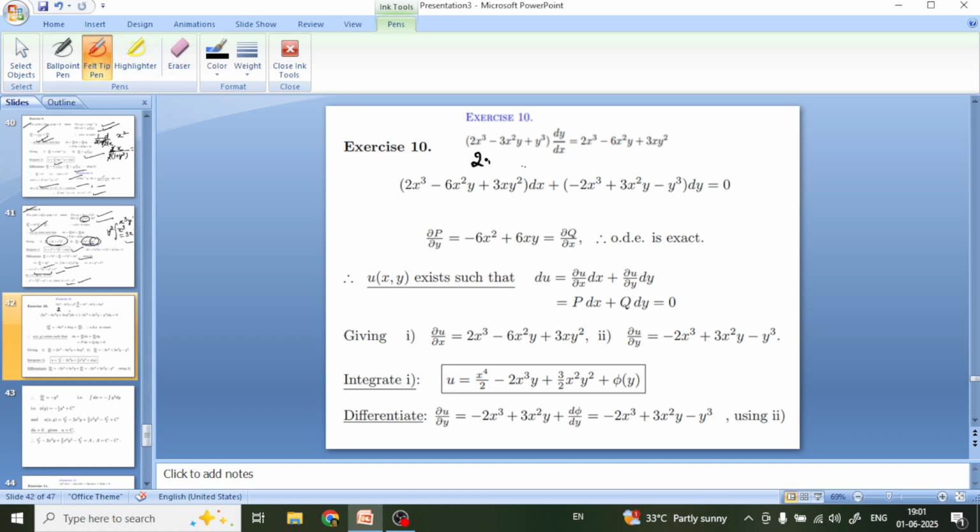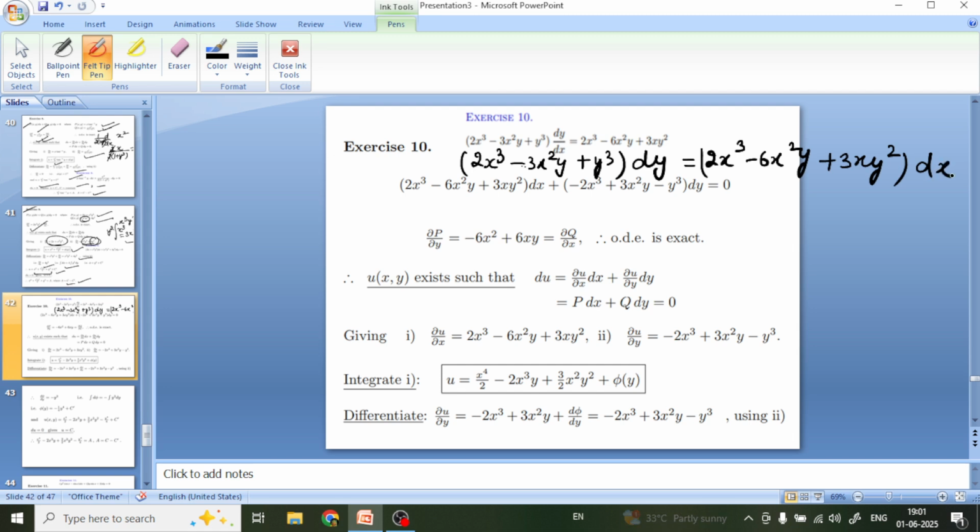You will have 2x cube minus 3x square y plus y cube, dy equal to 2x cube minus 6x square y plus 3xy square, and by cross multiplying, dx will go here, and after that the whole value should be written here, and this value is already written here.